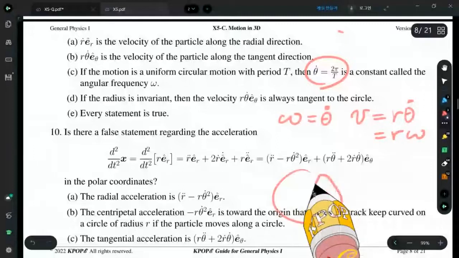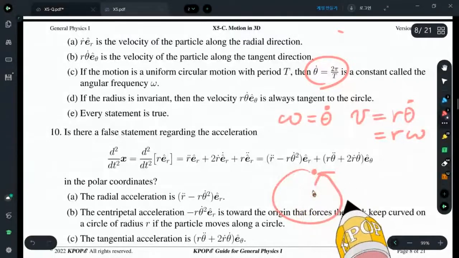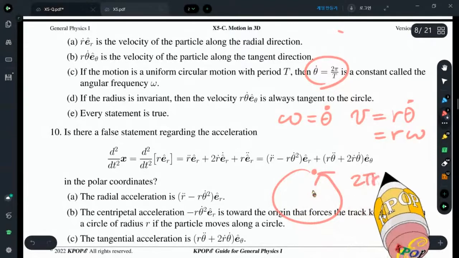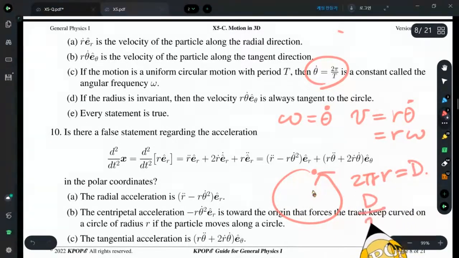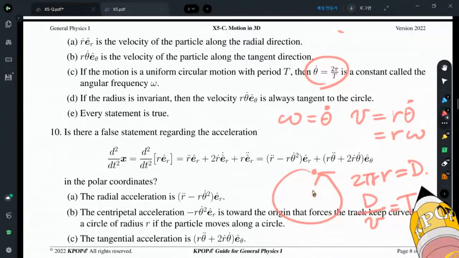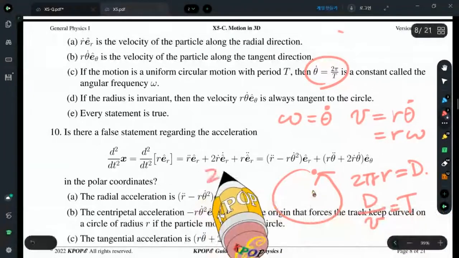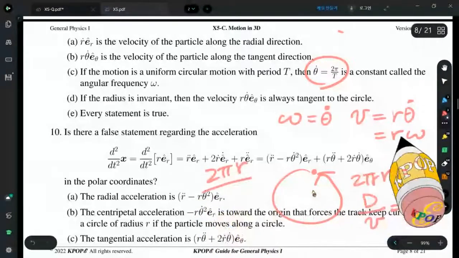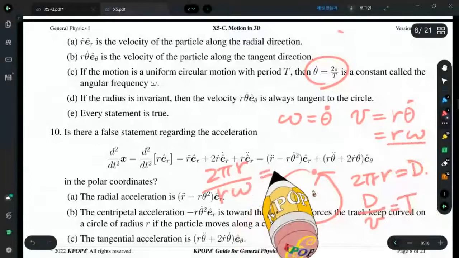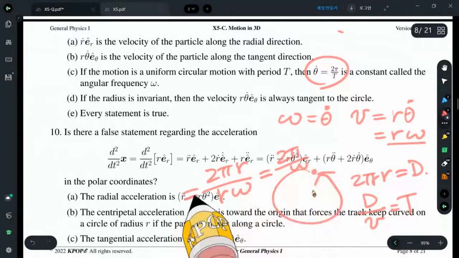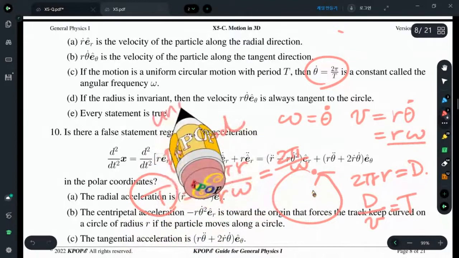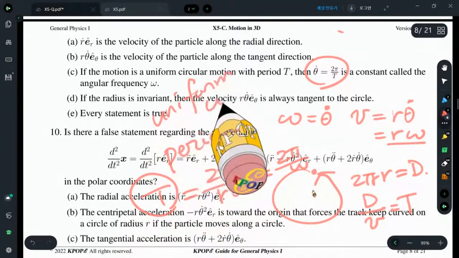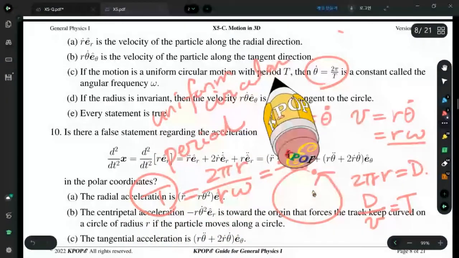And we need to return to the same position after we travel 2 pi r. This is the distance. Distance divided by velocity is time. Two pi r divided by velocity r omega is 2 pi over omega. That is the period of uniform circular motion.